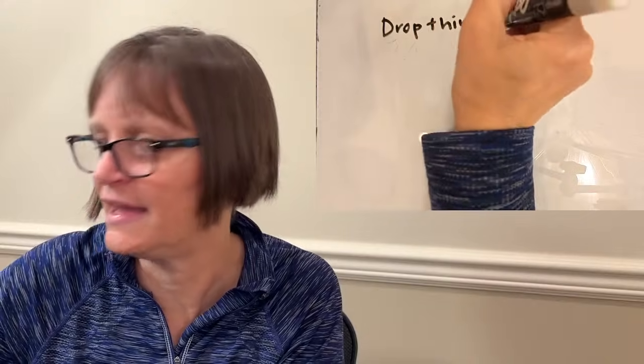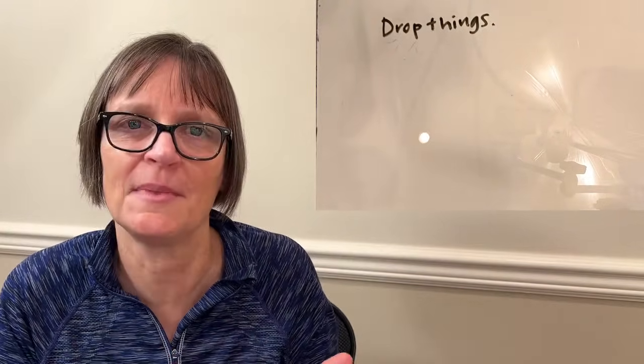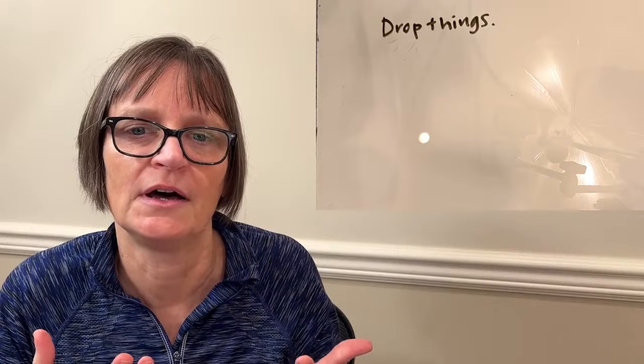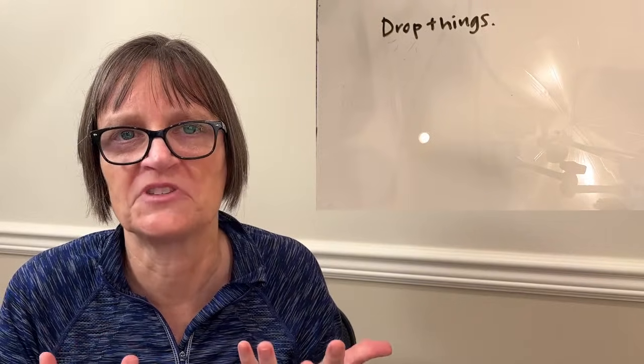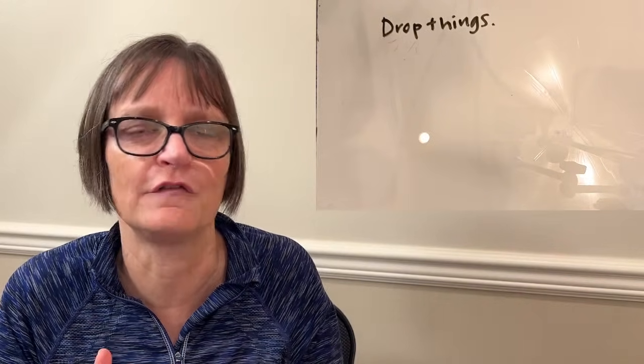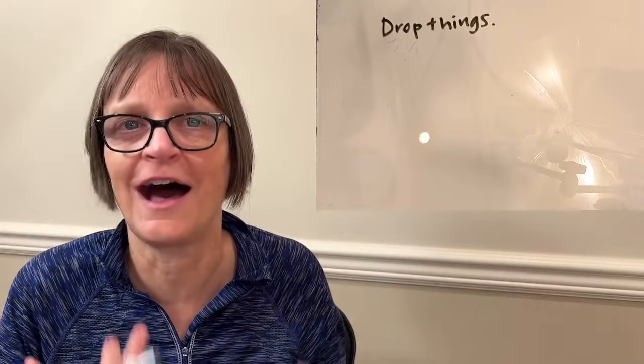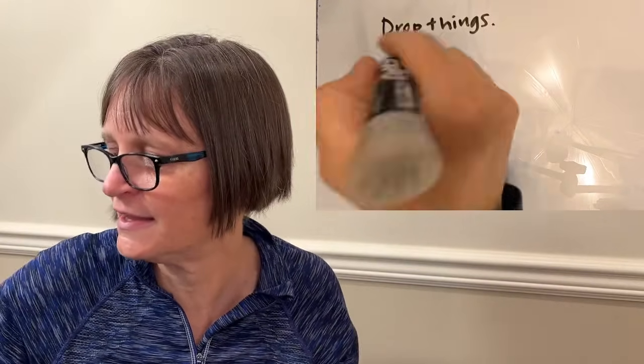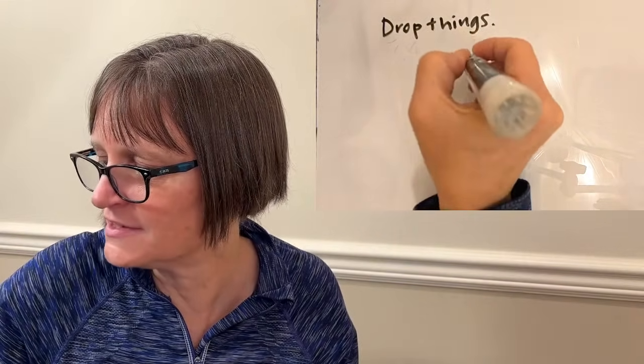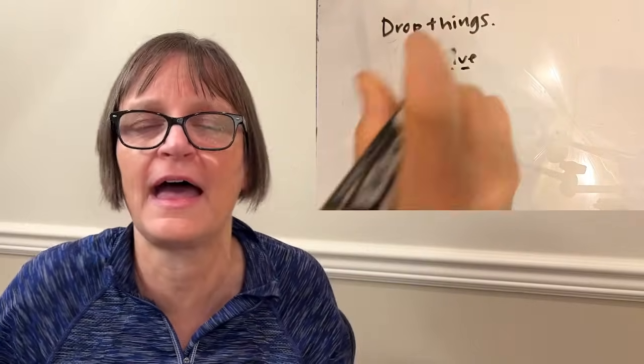So first thing I want to talk about is that we drop things. What does that mean? We don't say all of the sounds in the words when we put them together in a sentence. So I might say a word, say, for example, have. If I'm just saying the word have, I'm going to say all of these sounds, h, a, and v, have.